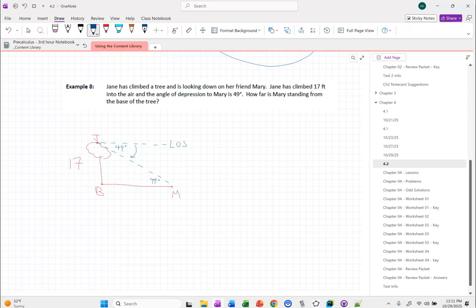Is everybody okay? So, Addie, at one point you said the 49 went by the M, but that wasn't the angle of depression we were talking about, although it is still 49 degrees. I just wanted to be clear that's not really what the problem is saying, although that was a correct spot to put it. Is everybody okay with the picture we've drawn?